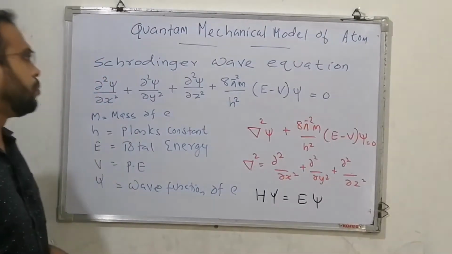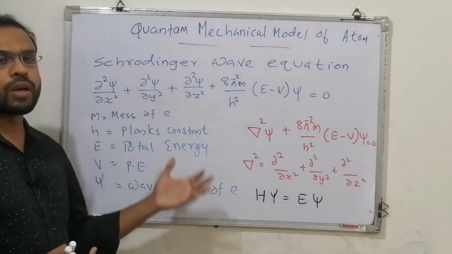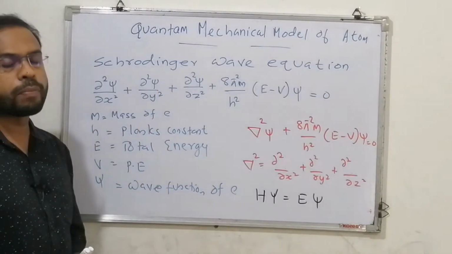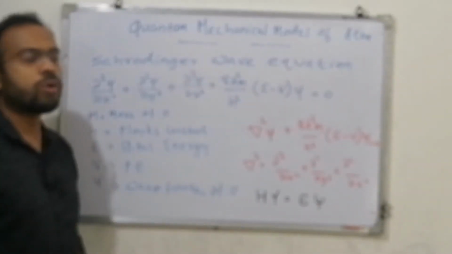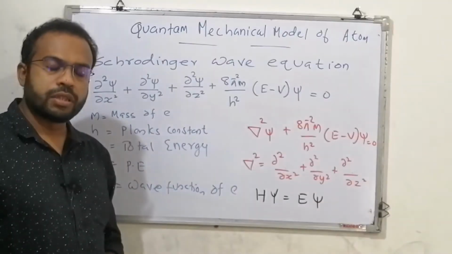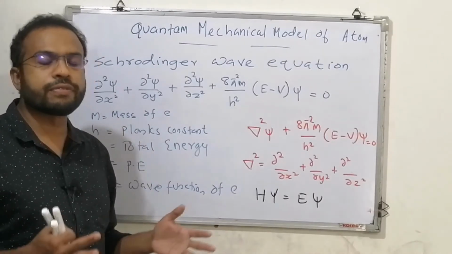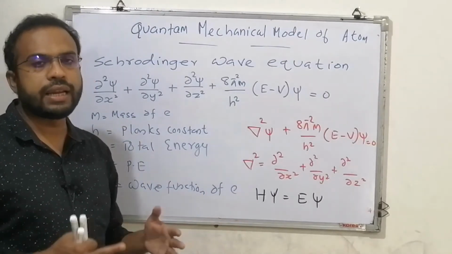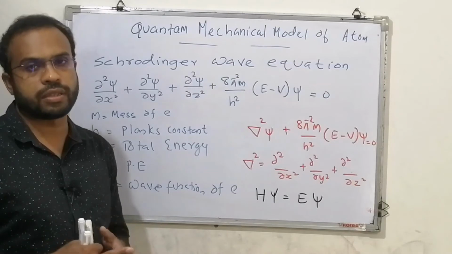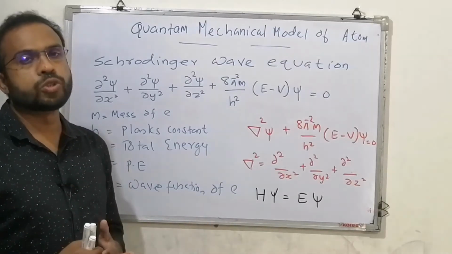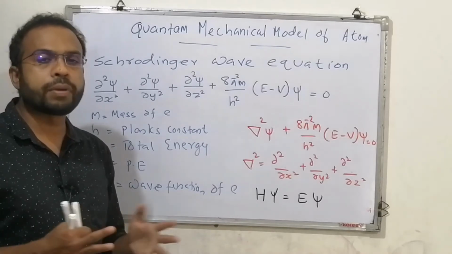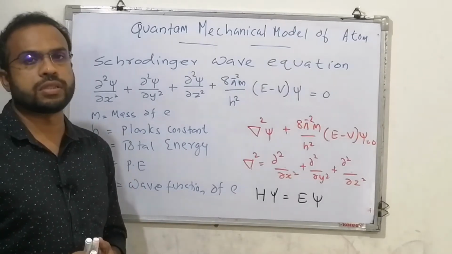Anyway, in this model, the properties of electron have been described by an equation called Schrödinger wave equation. Schrödinger wave equation is a three-dimensional differential equation to describe the properties of electrons.